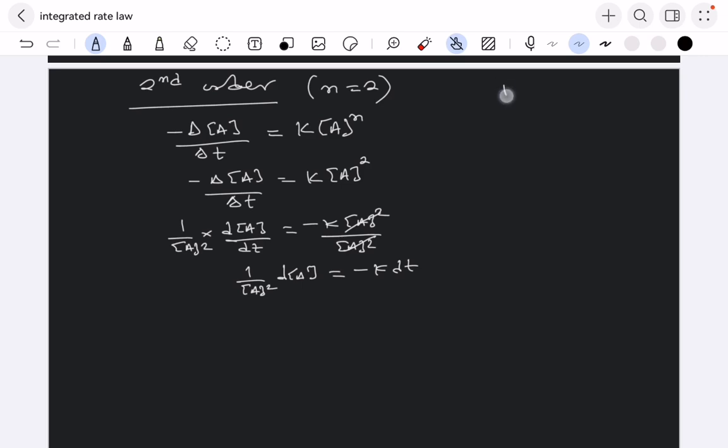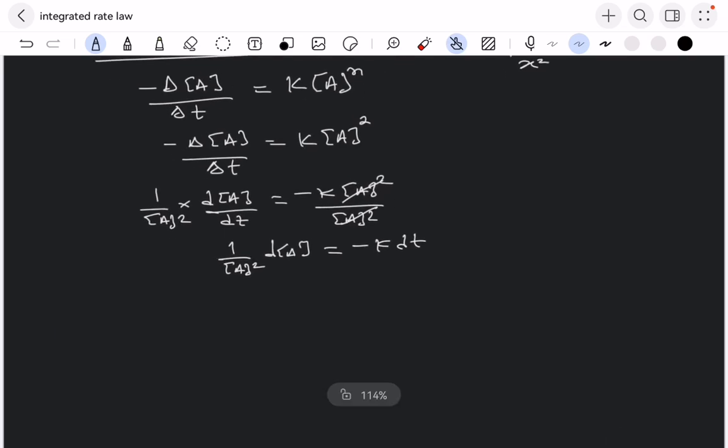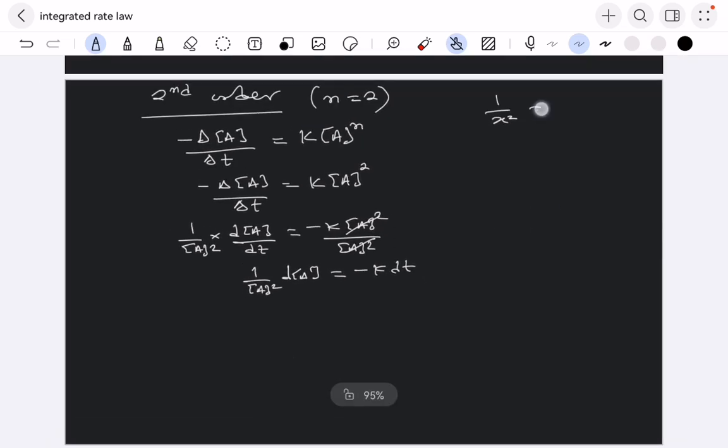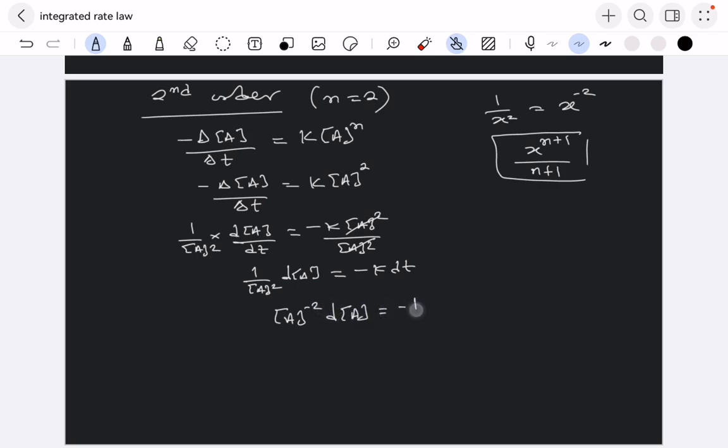So according to integration, when we have an expression like this, we prefer to write it as A to the negative 2, then we use the x to the n plus 1 expression. So before we integrate, this is the same as A to the negative 2 dA equals negative k dt.